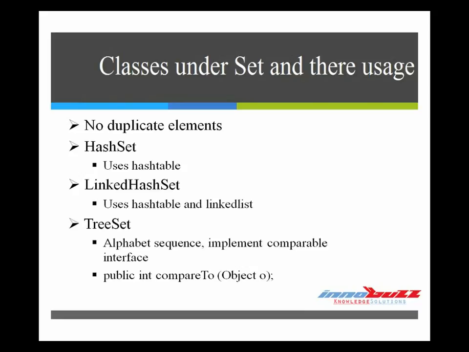We get 0 if the two objects are equal, and we get a positive when the first is bigger than the other. So the object on which we called the compareTo is bigger than the object that is the parameter.